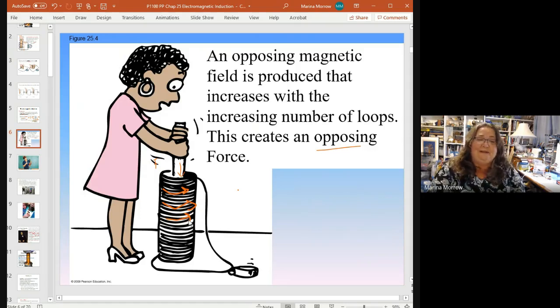Well, it just so happens that the current being created creates an opposing magnetic field. So if you're pushing the north end of the magnet in, it will produce a north end opposing it. Okay, so an electromagnet, right? You've got current in a coil of wire, and so it opposes the incoming magnet. So you do have to push with some force. So yes, mechanical work is done. That work is what's being turned into electrical energy.